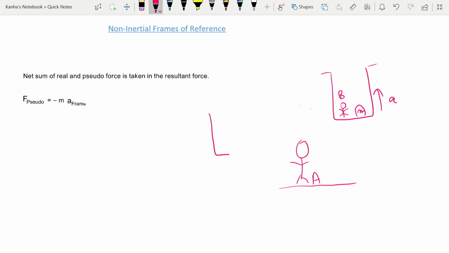One frame of reference is on the ground. This is the 0 of that 0, 0, 0, which is fixed to me. Similarly, there is a reference frame which is fixed to the lift, which is fixed to the body B. Now this reference frame is accelerating. So with respect to the reference frame A, this other reference frame is accelerating. So this is the acceleration vector, and this is my main body, my mass m.